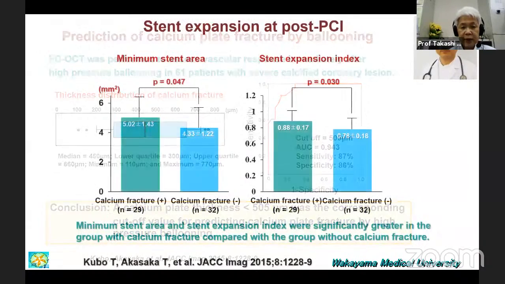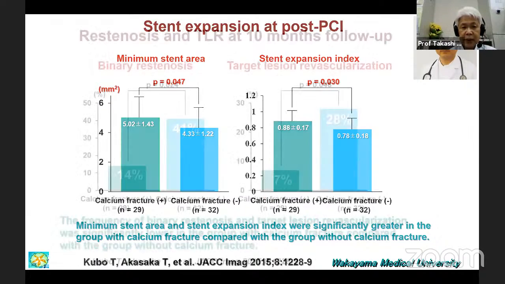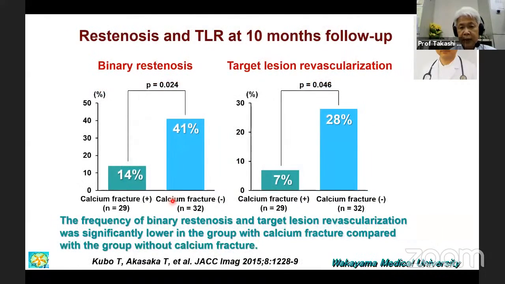And if you succeed to make a fracture, stent area is bigger and stent expansion is better, and binary restenosis and TLR are significantly smaller compared with the case without any calcium fracture.